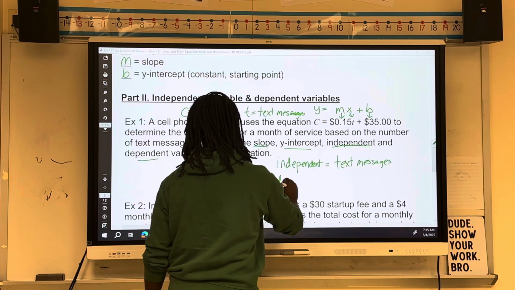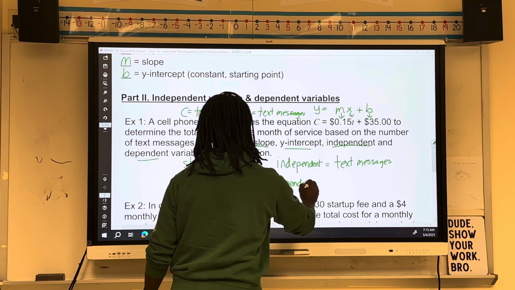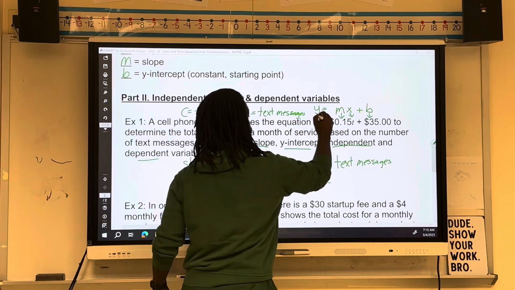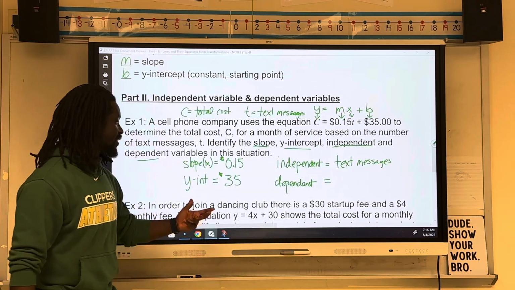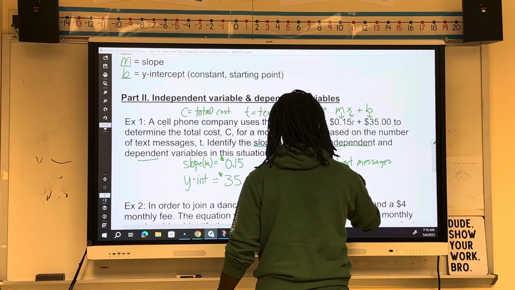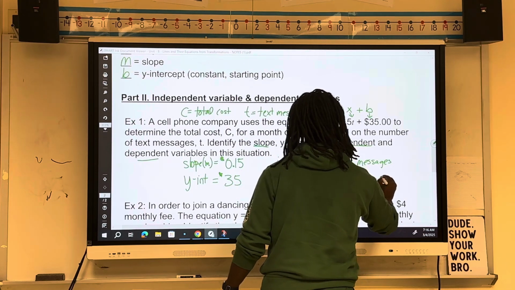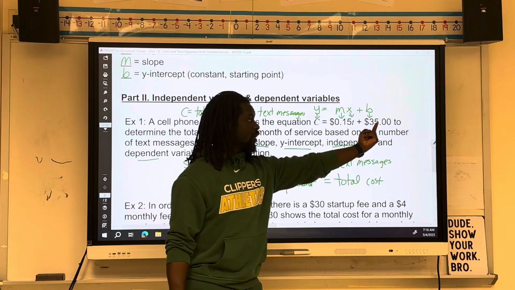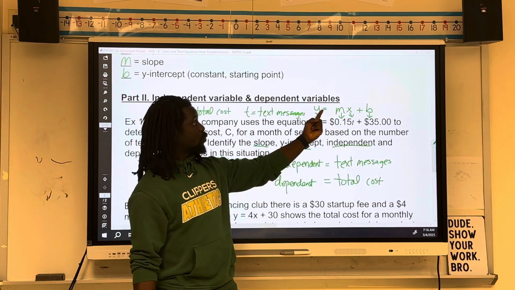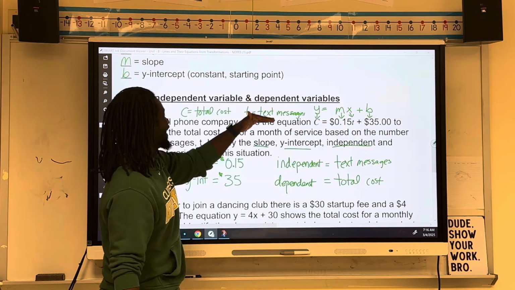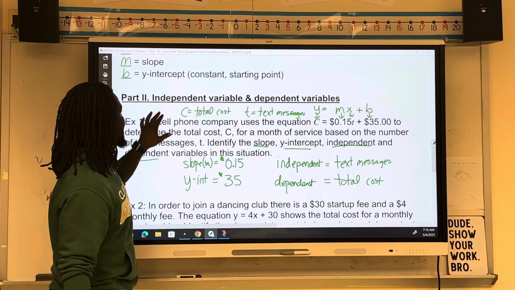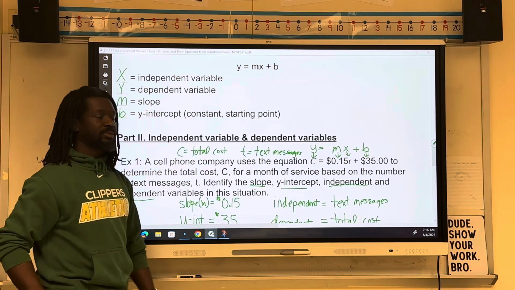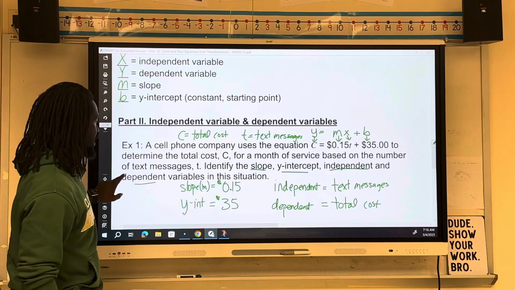The dependent variable is the y, and the y in this situation is our total cost. Again, all I did was look at our equation. Remember that this is y equals mx plus b, and you have to keep in mind what each piece means in order to identify them.